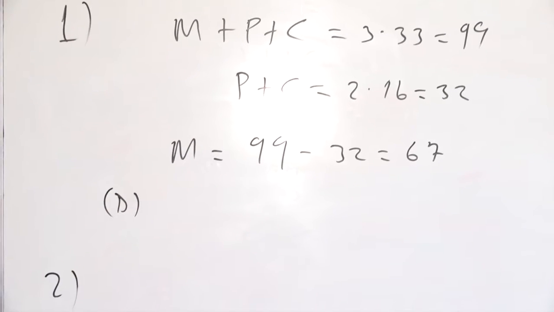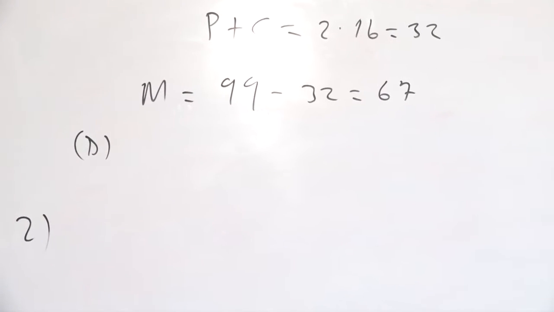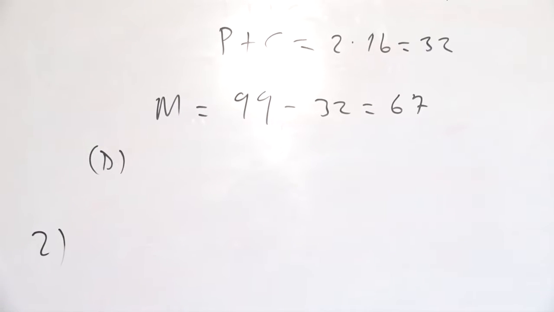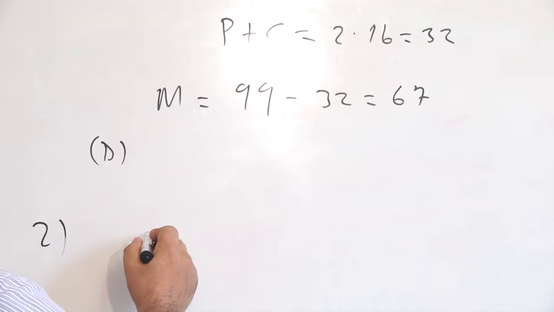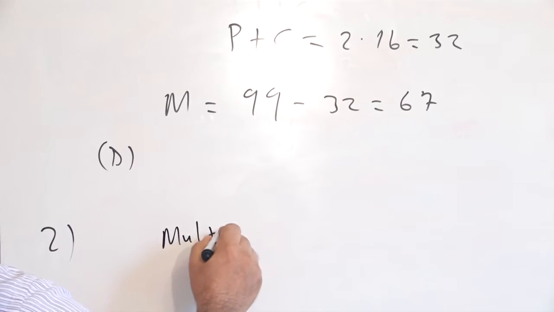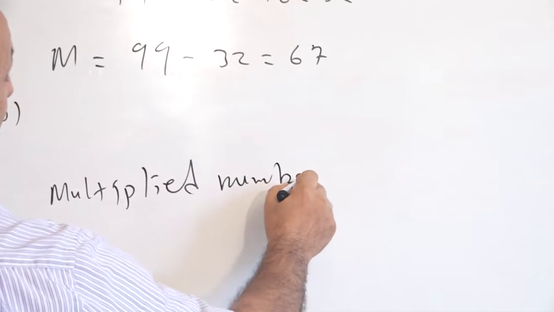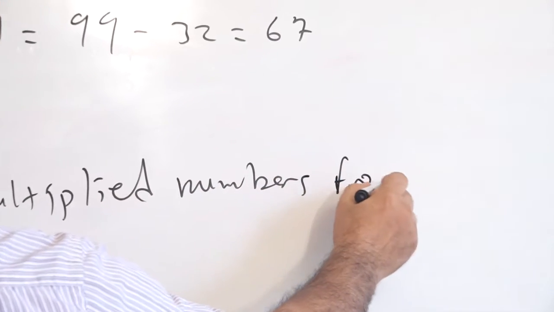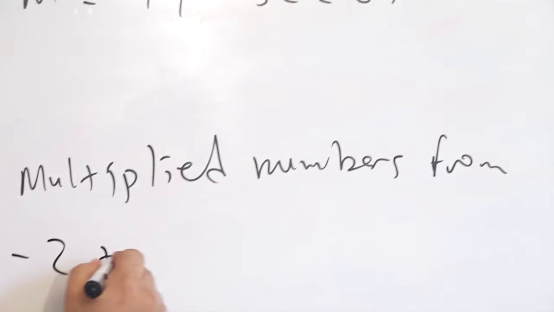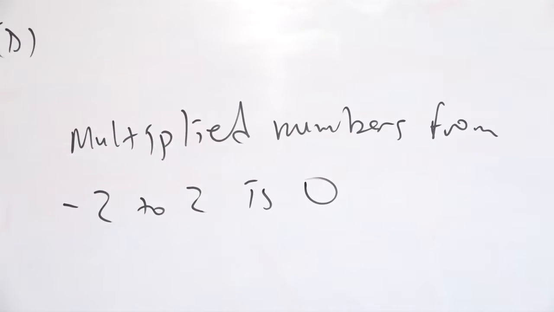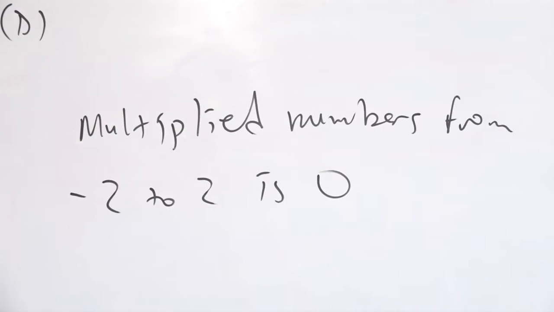In question 2, Ali multiplied all rational numbers from negative 2 to 2. So multiplying all numbers from negative 2 to 2 gives 0, because if you multiply all numbers by 0, it will be 0.